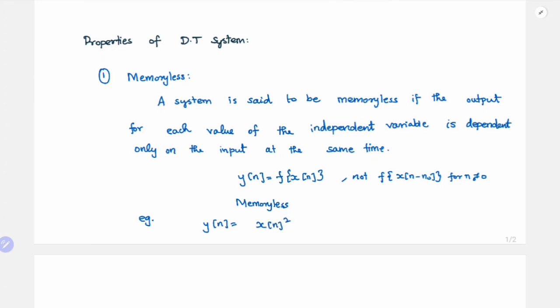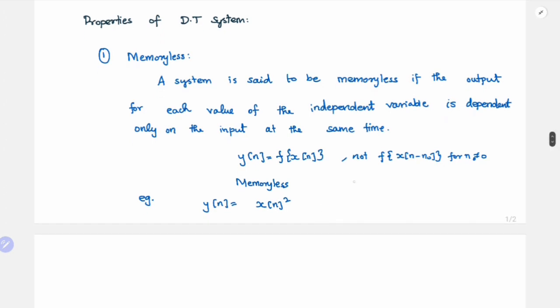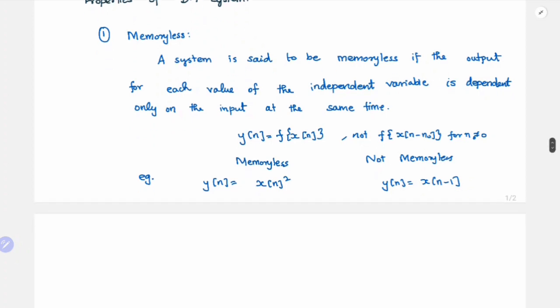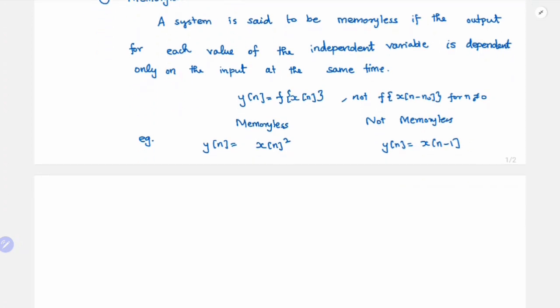The square function is also an example because y of n is depending only on x of n. Okay, so which is not memoryless? Example for that is, you just write x of n minus 1 or any constant, right? It will not be memoryless. So such systems are said to have memory.